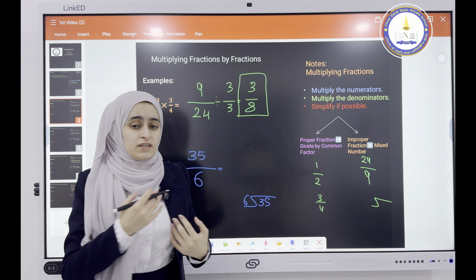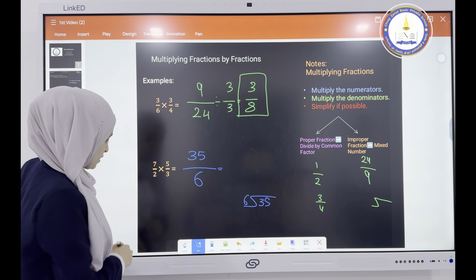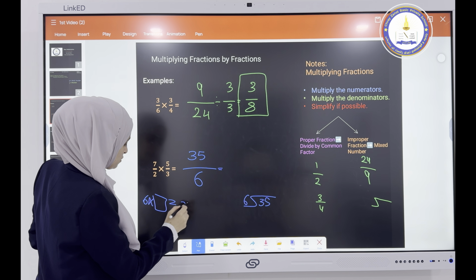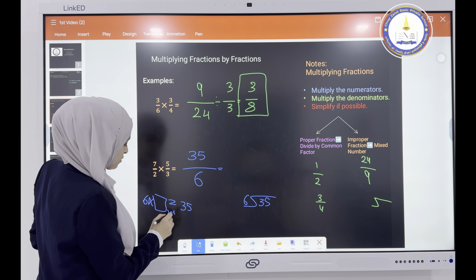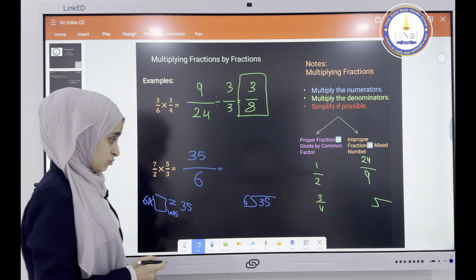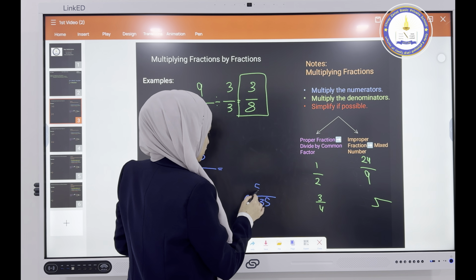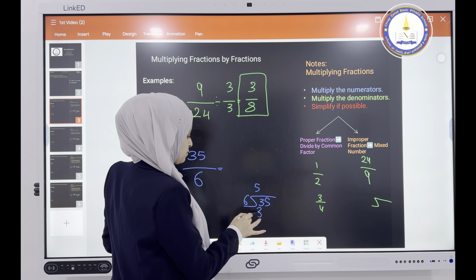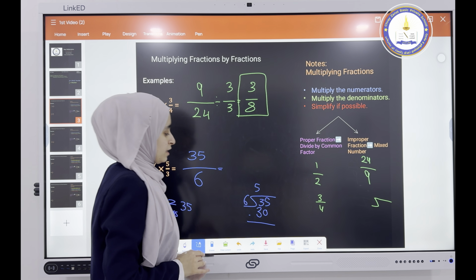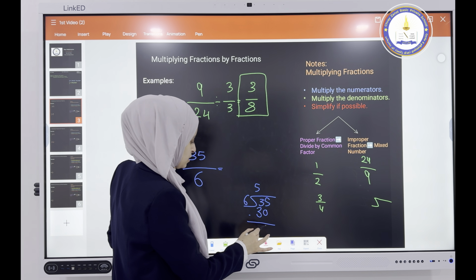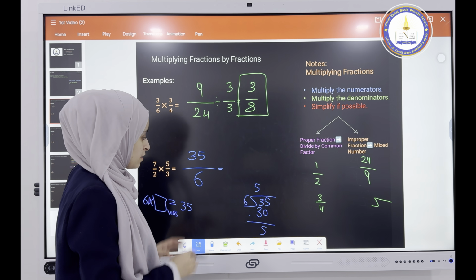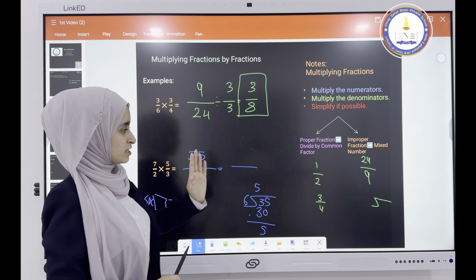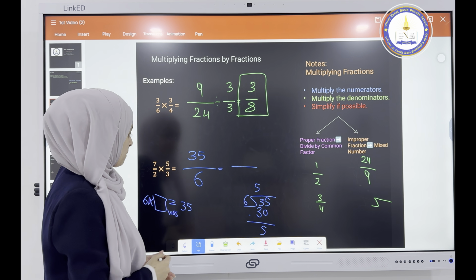How many 6's do we have inside 35? Or 6 times which number is equal to 35 or less than 35? As you know, it is 5. 5 times 6 is equal to 30. Then 35 minus 30 is equal to 5. Now we will leave it. We can write this one as a mixed number.